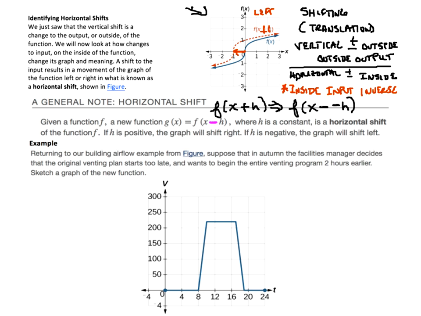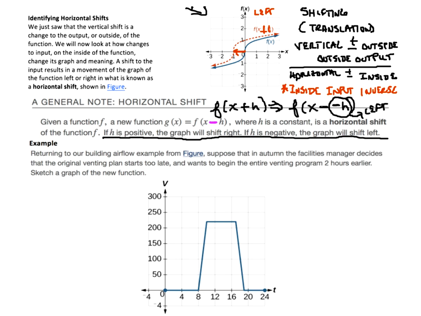That's why it's the inverse of what you actually see happening. You would think if you did x plus h, you'd go right, but that's really x minus negative h, and the negative h is what makes you go left. That's what this sentence right here is saying.